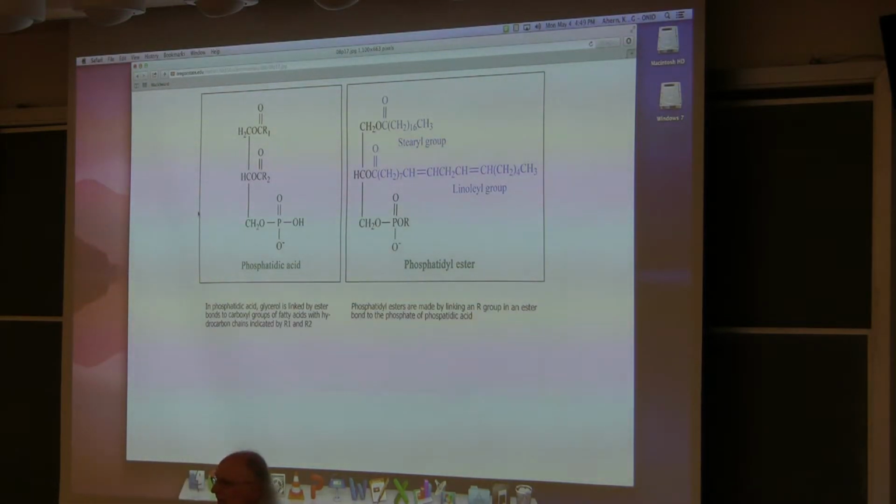ATCase is the first example I've talked about in class of an enzyme that's regulated by what we call feedback inhibition.